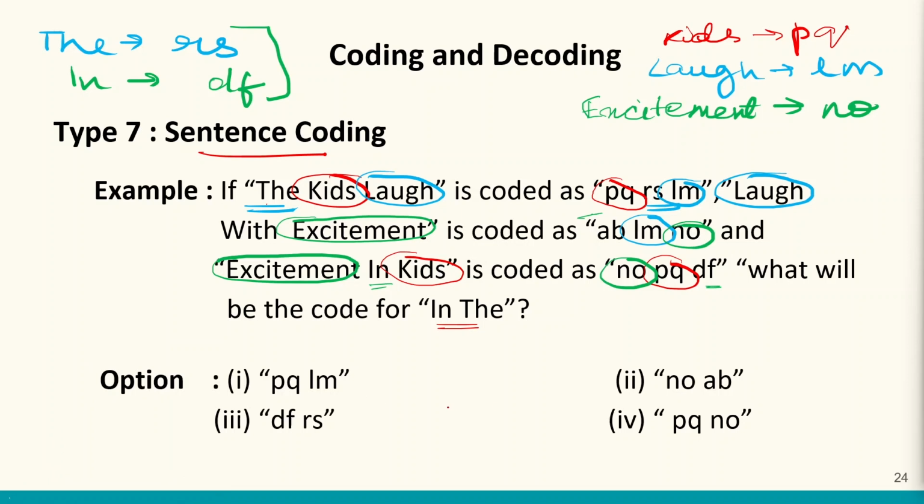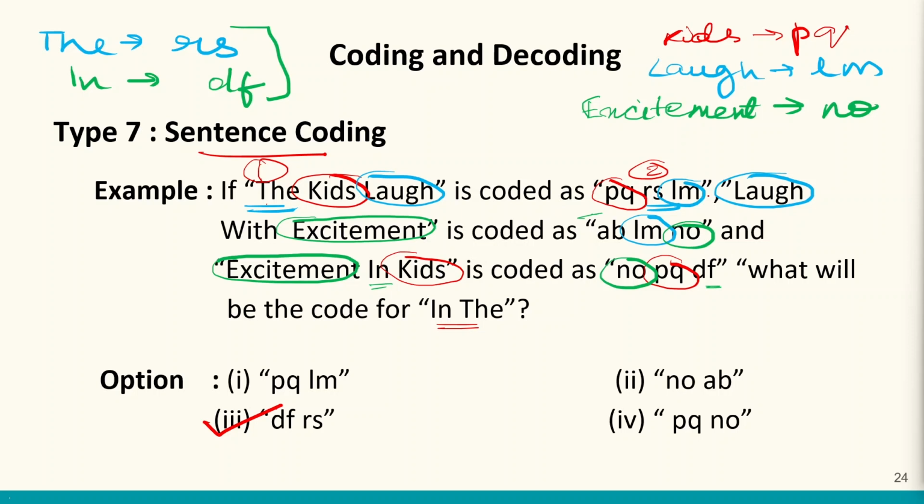Do we have an option with RS and DF? Yes, option number 3. In this particular question, the codes were jumbled up. The was coded as RS, which is in the first place over here, but over here, RS is in the second place. Like in the previous symbol coding question, where the code was written in the same order as the alphabets, over here that is not the case.